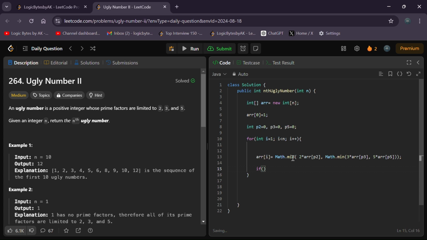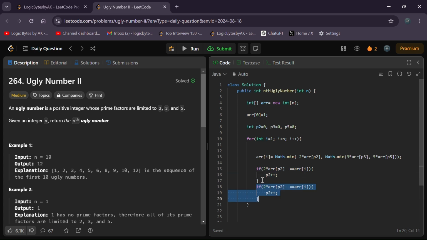Then we should increment the pointer with the minimum value. We check which pointer has the minimum: if the multiple for p2 is equal to array of i, we increment p2.